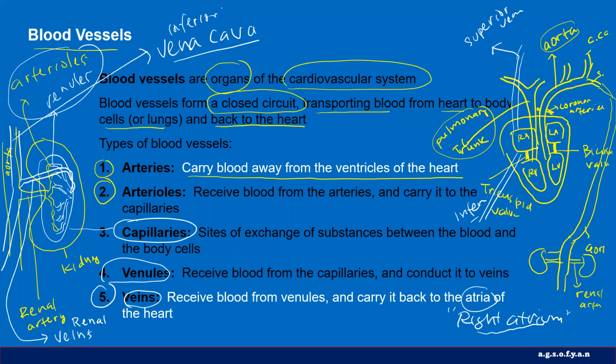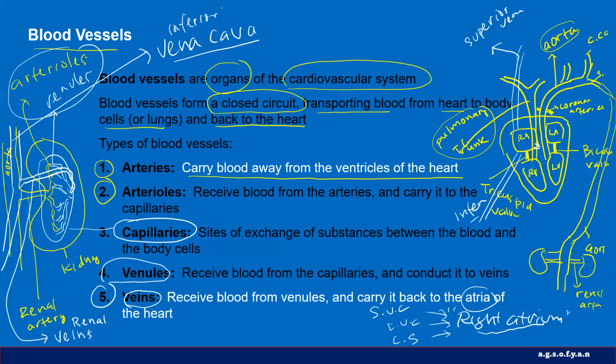There is another one that also goes to the right atrium, coming from the veins of our cardiac muscle. It's called the coronary sinus. So remember again, there are three veins that enter the right atrium: the superior vena cava, the inferior vena cava, and the coronary sinus.